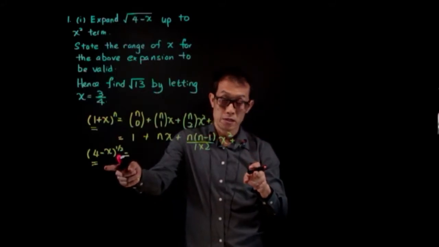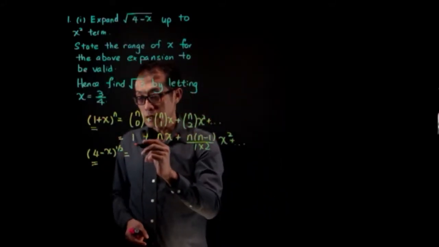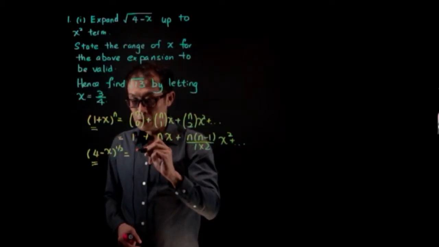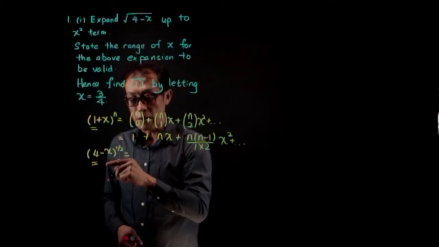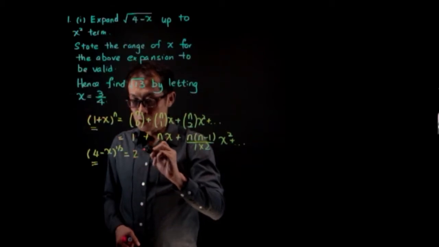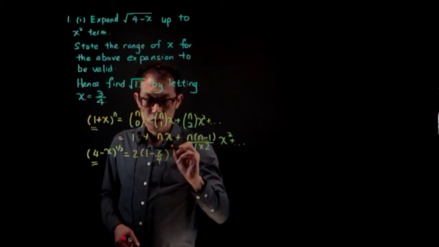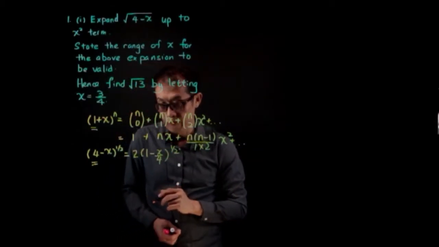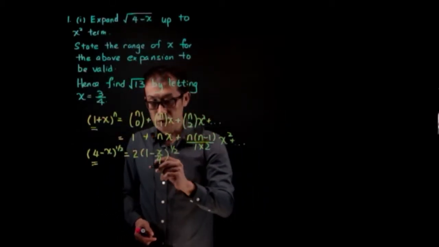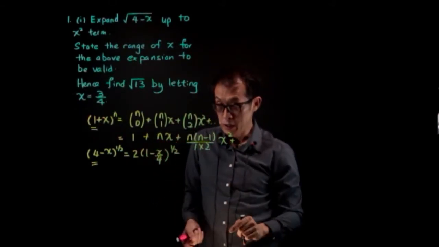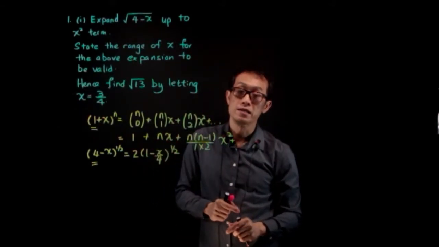So you take the 4 out, and that will give the first term as 1. 4 to the power half is 2, so 2 into 1 minus x over 4 to the power of half. Now you just substitute x as minus x over 4 into this equation, and n is half.